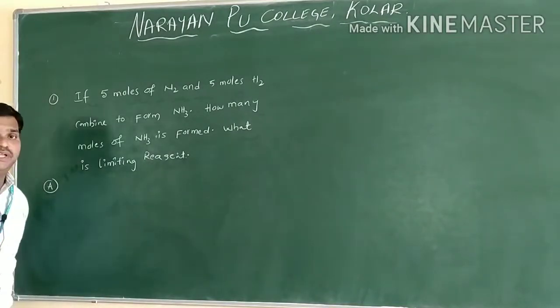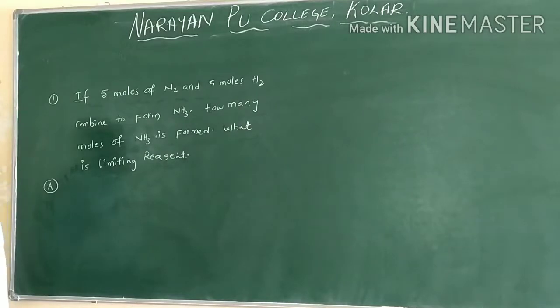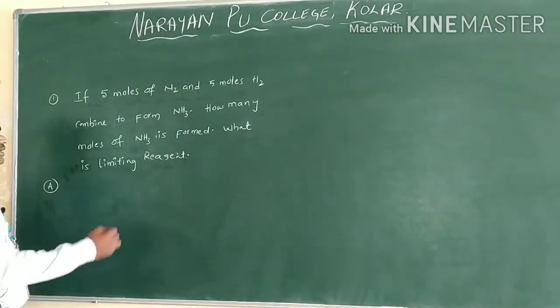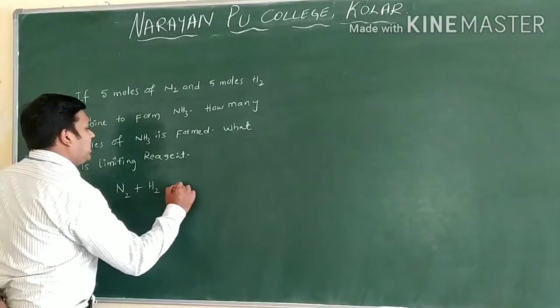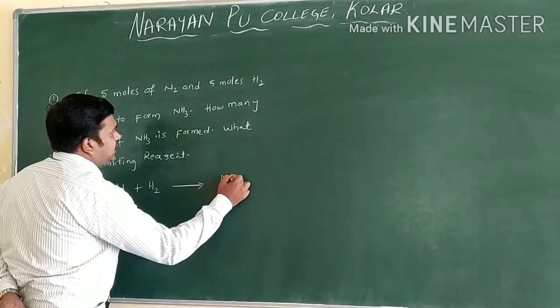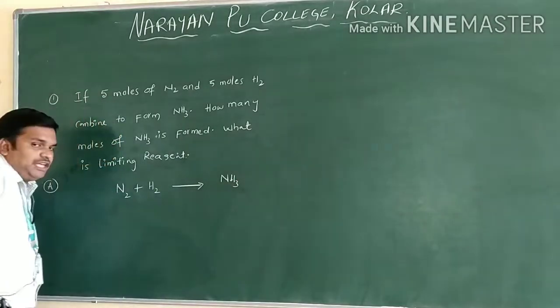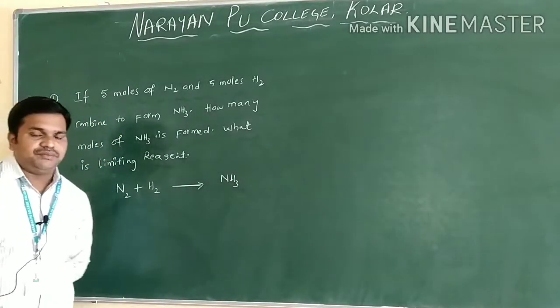How many moles of NH3 is formed after the reaction? What is the limiting reagent from this question? Clear? What are combined here? Here N2 and H2 combine to form NH3.